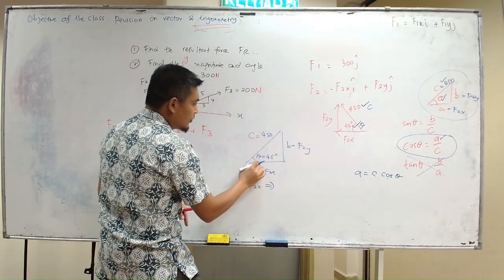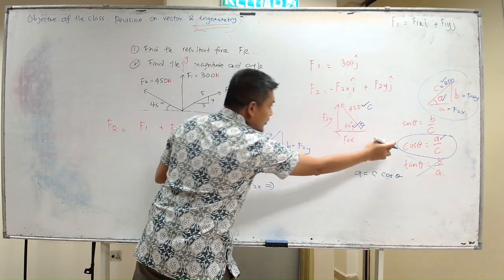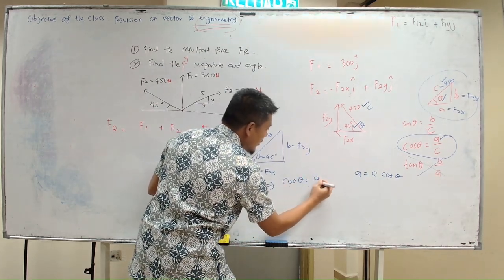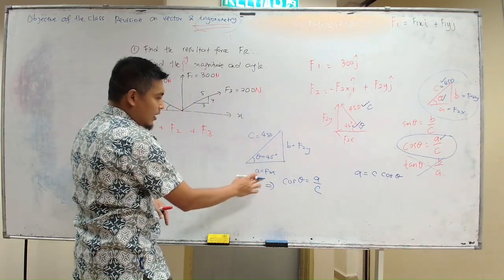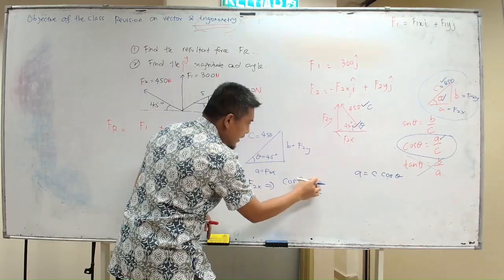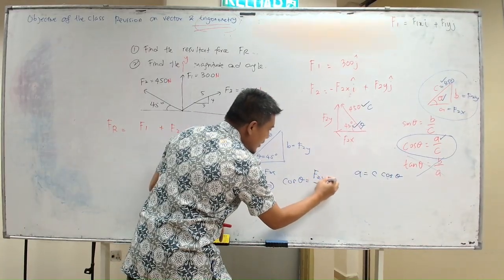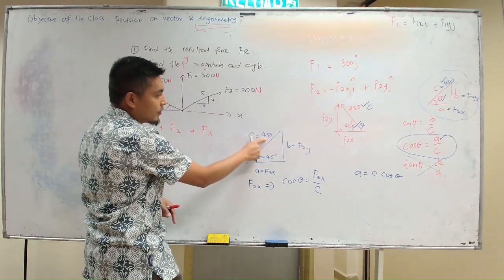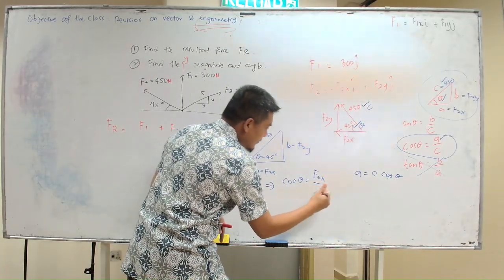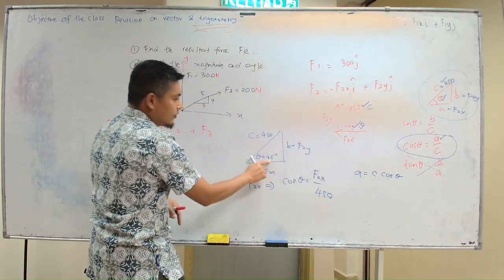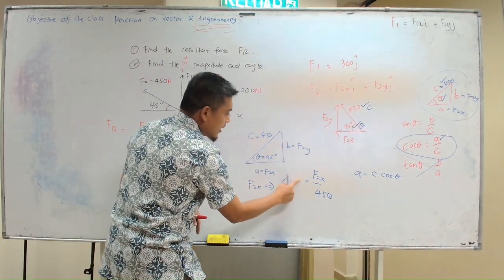Okay. So in order to calculate F2x, you need to use cos theta. Cos theta equal to A over C. Our A equal to F2x, is it correct? So we replace it as F2x. Our C equal to 450. Our theta equal to 45.